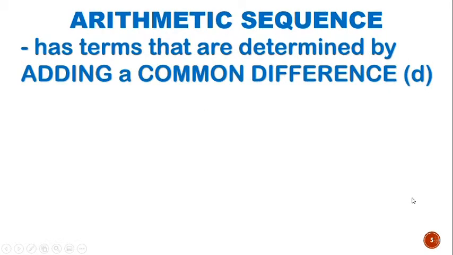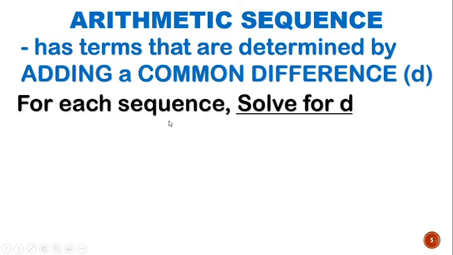Okay. So, for an arithmetic sequence, it has terms that are determined by adding a common difference. So, ang isang arithmetic sequence daw may mga terms. Siyempre, sequence nga eh. At nalalaman daw yung mga terms nun by adding a common difference. Okay?